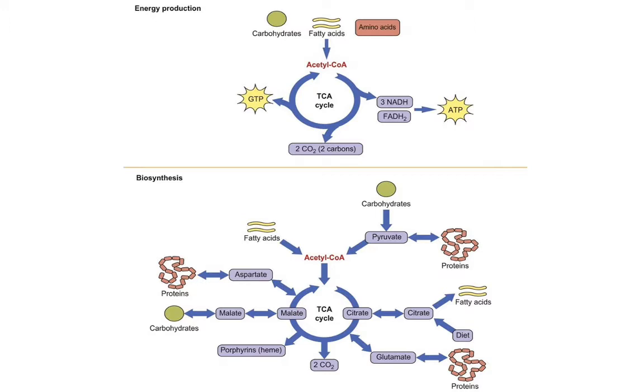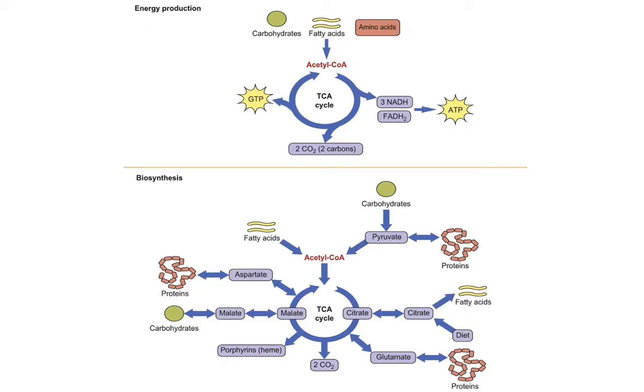And also amino acids, some amino acids can feed into, actually probably most, into the TCA cycle. The output then is energy in the form of ATP or GTP, and the total oxidation of carbon into carbon dioxide. So for each 2-carbon molecule, acetate, that goes into the TCA cycle, as we'll see, we get 2 molecules of carbon dioxide.